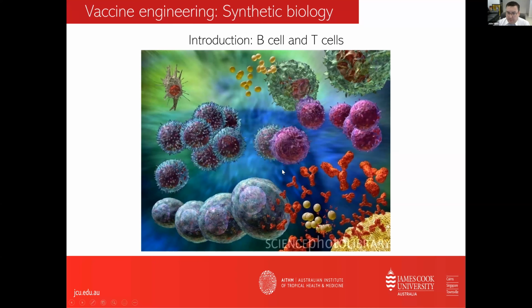This is just a fancy schematic that a graphic artist designed, but it describes the difference between B cells and T cells. B cells fire off their receptor like artillery to neutralize pathogens, whereas T cells, in purple here, need to touch, they need to feel the cell to see what's inside, to see if it's dangerous or not.